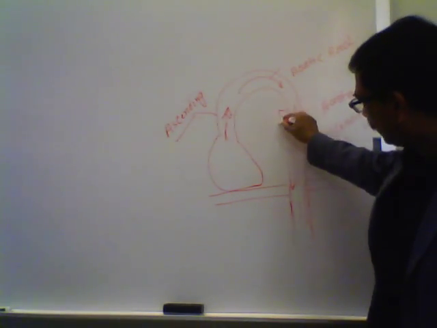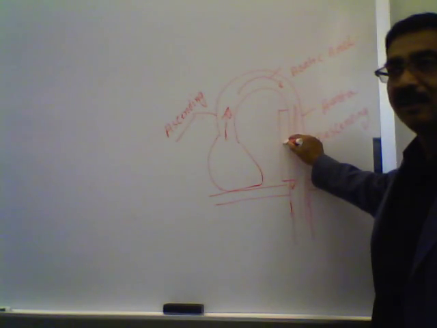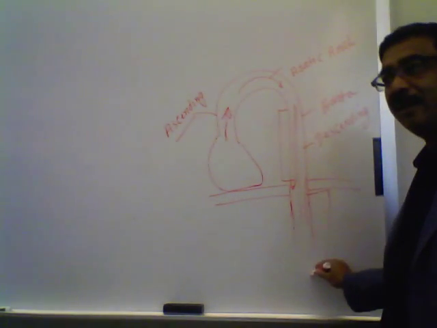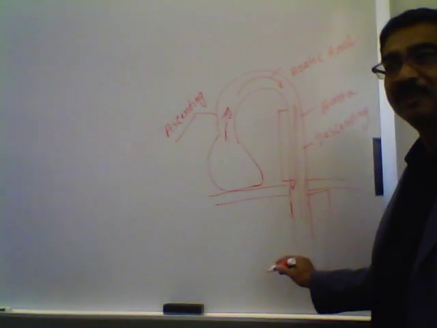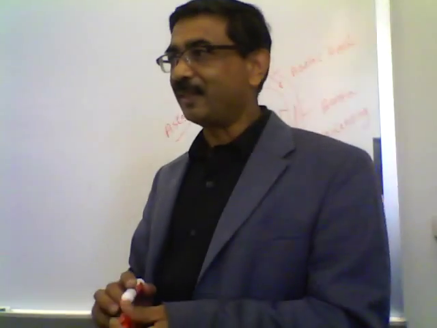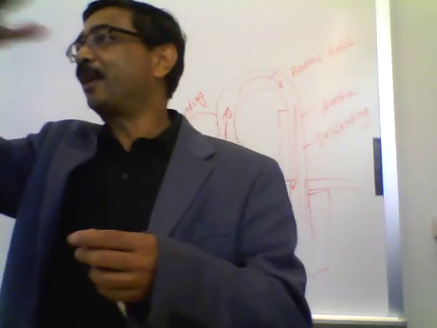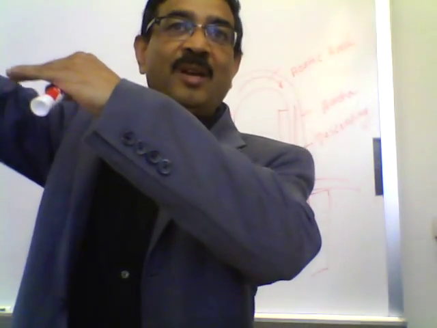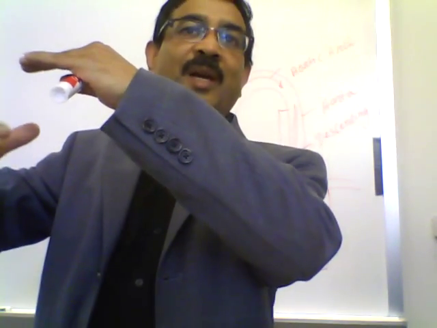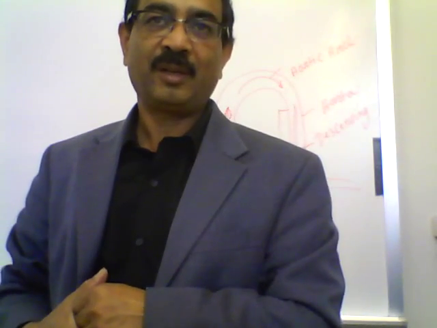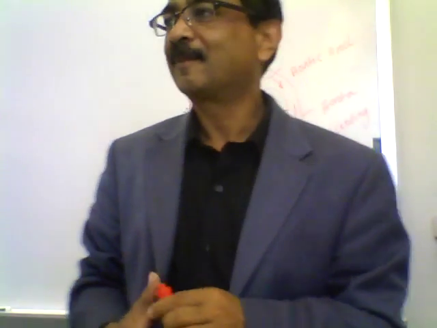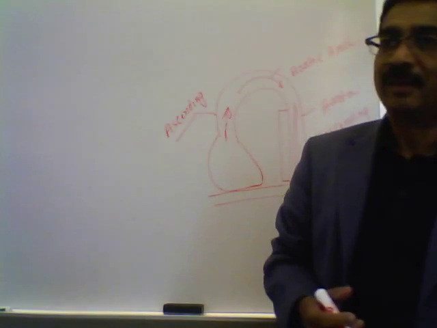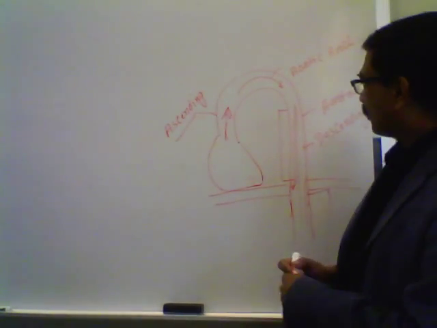This part is thoracic aorta, and this part is abdominal aorta. So descending aorta is separated by the diaphragm. Above the diaphragm you have the thoracic aorta. Below the diaphragm you have the abdominal aorta. Is it clear? Okay.